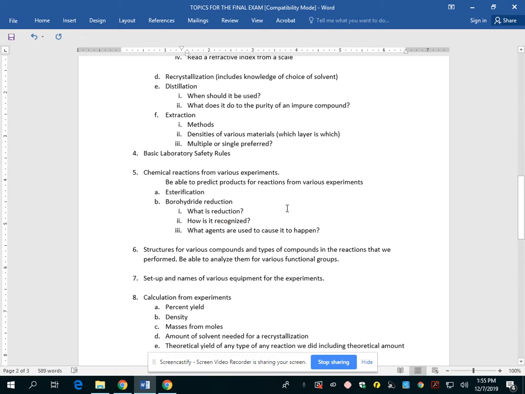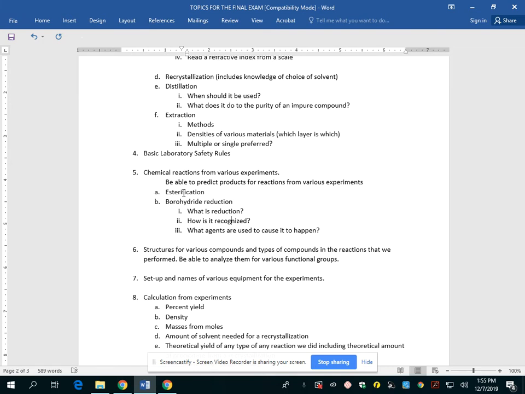Reactions from different experiments. Esterification, if you'll remember, we take an alcohol and a carboxylic acid and we create an ester, and hence the name esterification. You also make water in that reaction. The borohydride reduction reaction: what was reduced, what agent is used to cause it to happen.